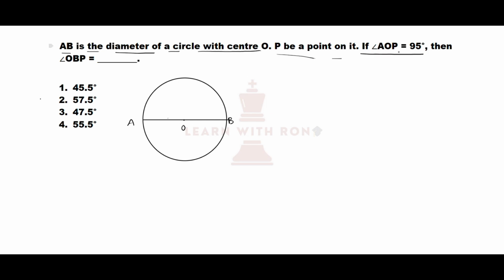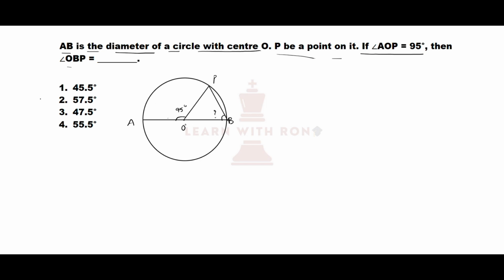If angle AOP is 95 degrees, let's suppose there is P here, and they asked us to find angle OBP. If I join P and B, they asked us to find this angle.